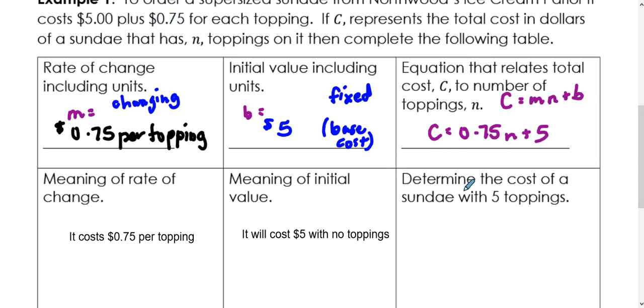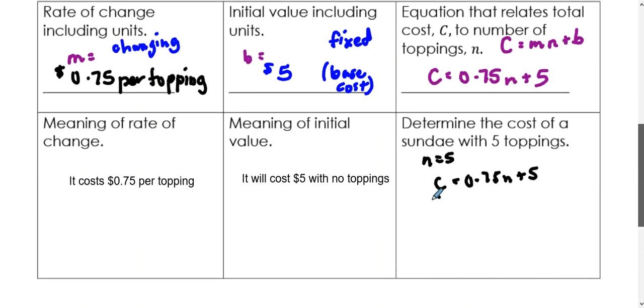All right, now to determine the cost of a sundae with 5 toppings, we know that N is 5. We can now use our equation, my original equation here, and I can substitute that in. All right, because with 5 toppings, we would take that 75 cents times 5, and if I use my calculator, all right, I get that.